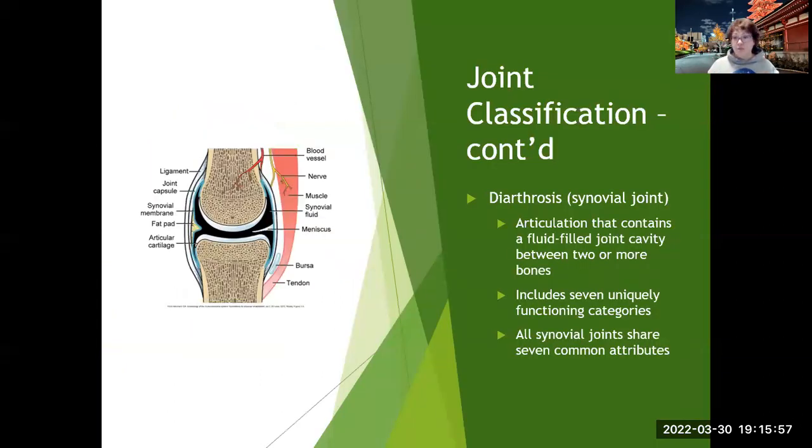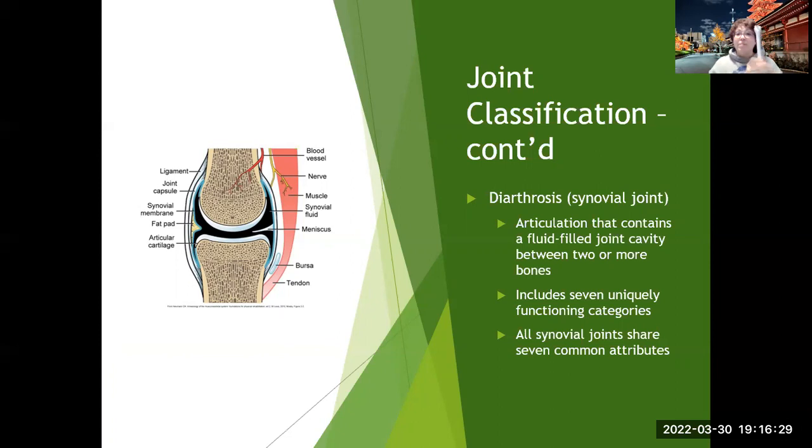Diarthrosis is the synovial joint, and a lot of what we talk about in this course is going to have to do with individual joints and the muscles that work them. So the articulation of a diarthrosis is a fluid-filled joint cavity that's between 2 or more bones. When we're at the knee and we have the articulation between the femur and the tibia, you could also call it the tibiofemoral joint instead of the knee if you want to.